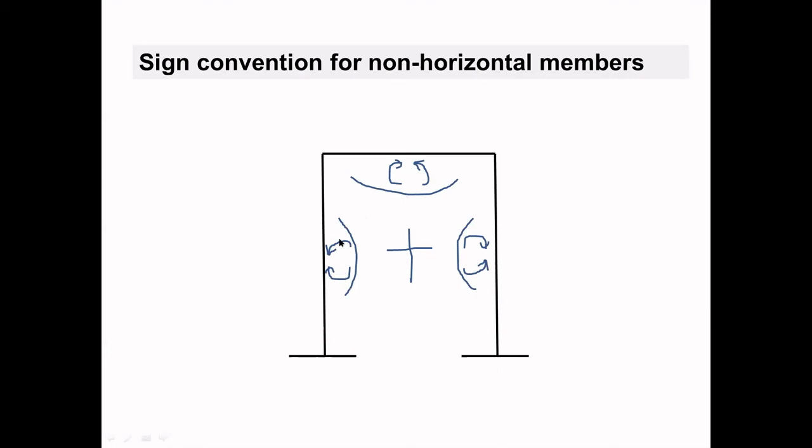You can see this pair will produce convexity towards the observer when looking from inside out. Similarly, this pair of moments is going to cause convexity of deformation towards the observer when looking from inside out. So these three pairs by definition are called positive bending moments for their respective members.